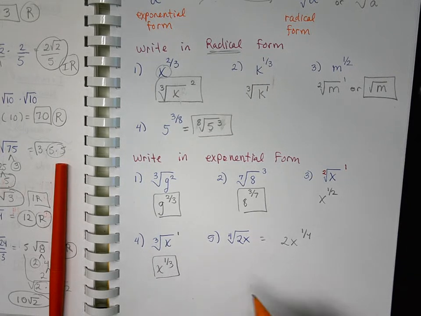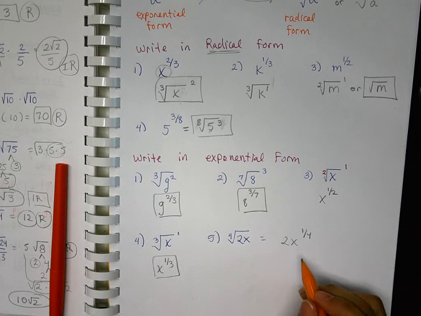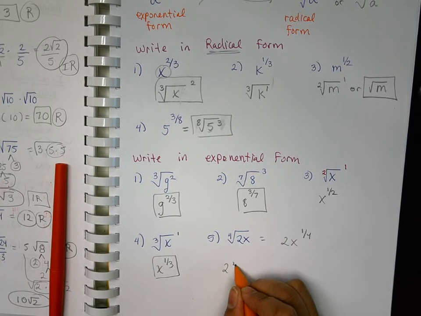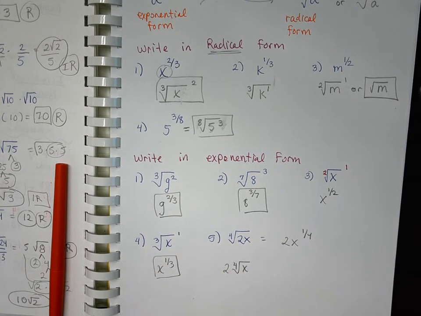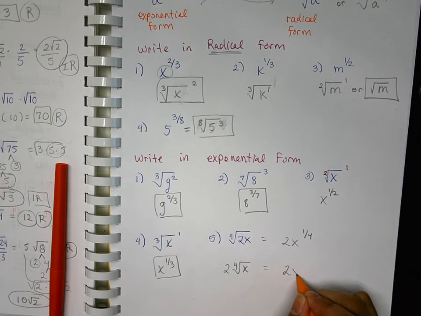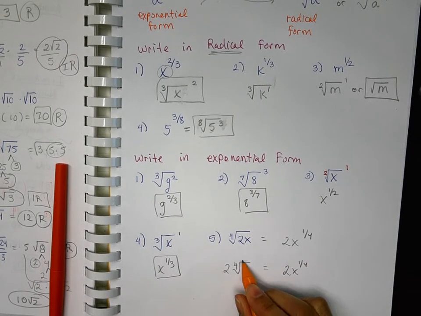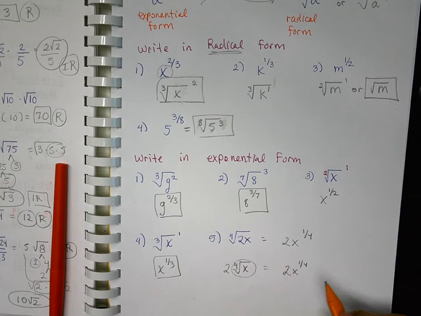Okay, I'm going to show you the one that does come out to be like this. If it was written like this, 2 times the 4th root of x, that would be 2x to the 1/4 because the 4th root is on the x. So the x has to be alone for the 1/4 to only be on the x.